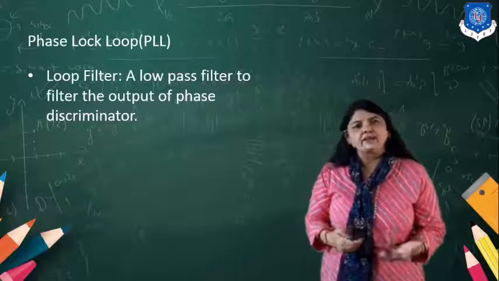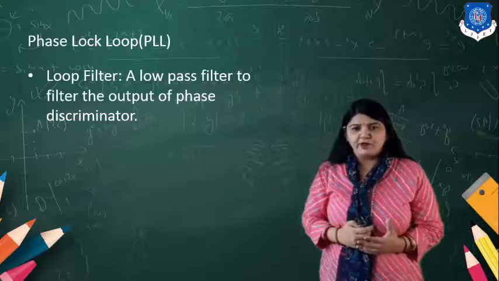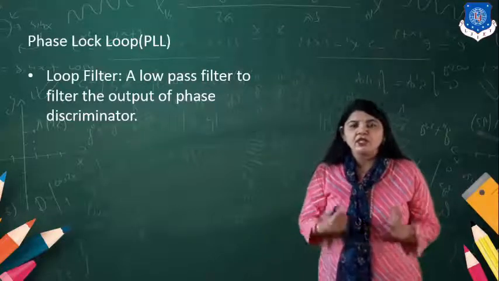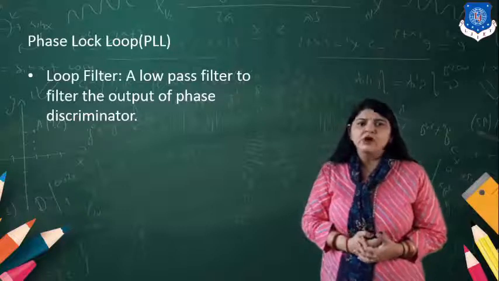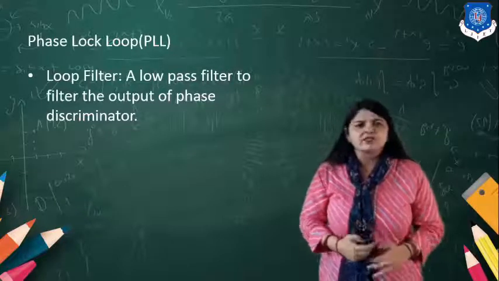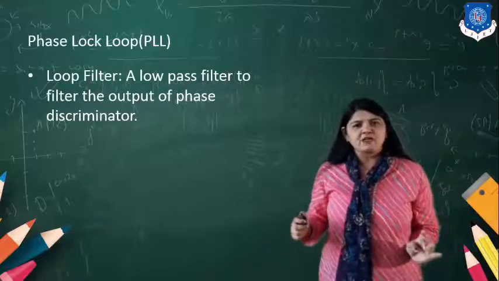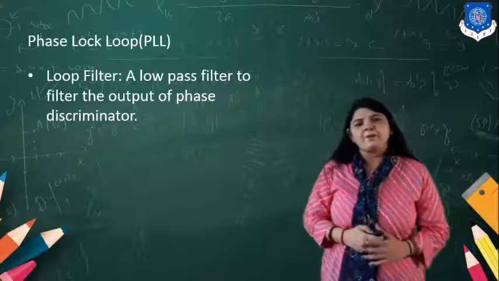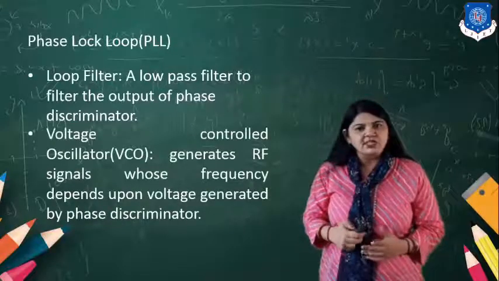For the loop filter, we are going to use a low pass filter. What will the low pass filter do? It will eliminate all high frequency components. It will suppress all the high frequency components of the phase discriminator and produce the output voltage.